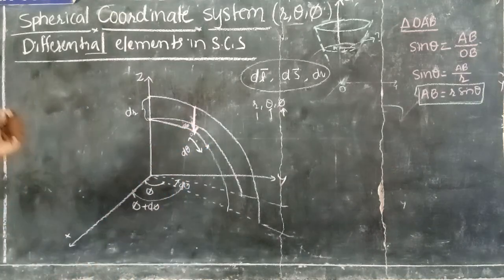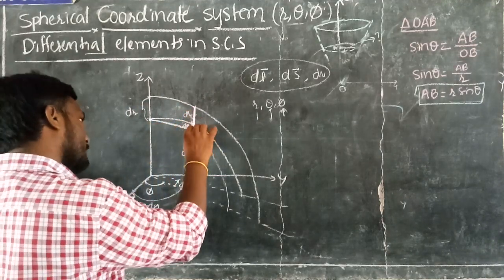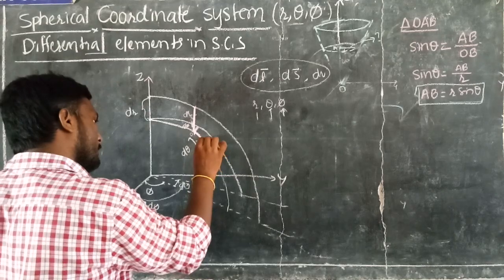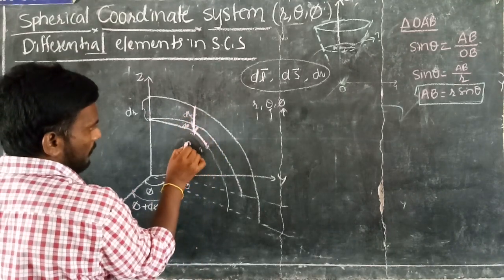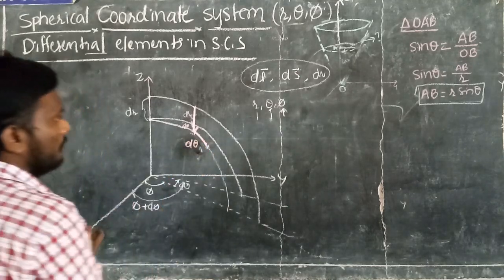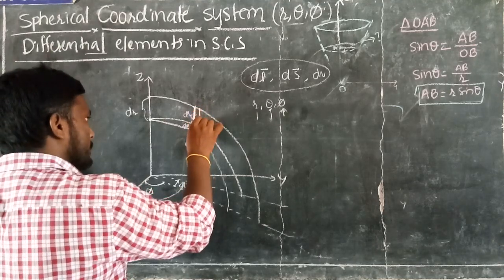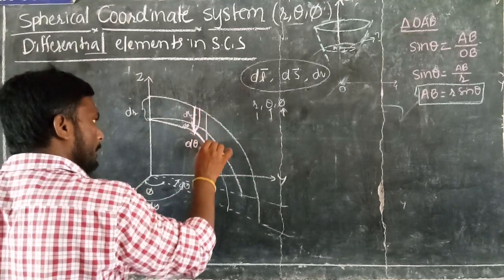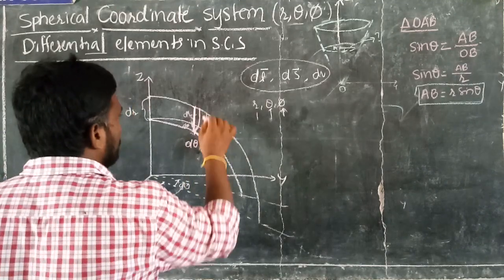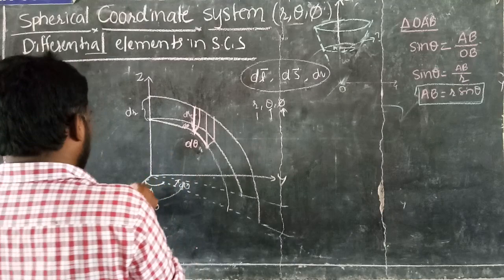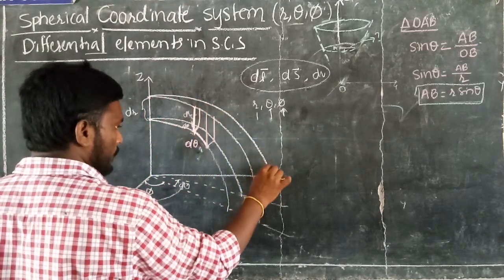And it is dr. And what about this length? This is the change in the angle in theta. That means it is d theta. Okay. So just join all the surfaces like this. Sorry, we have one more surface like this. We should draw this one.